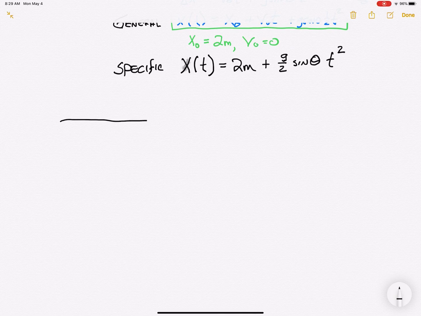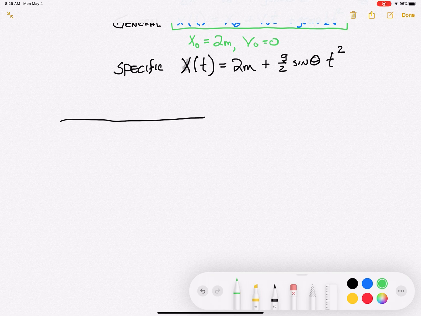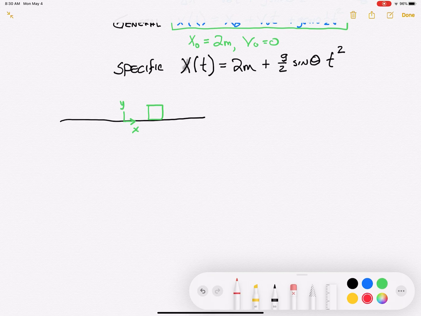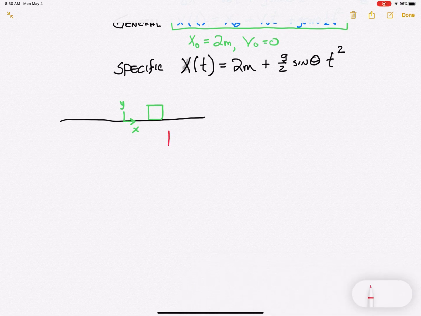Let's get our flat surface again, and let's put a mass on this surface a slight distance away from the starting axis, x and y. And in this case, again, our goal is to find x as a function of time.